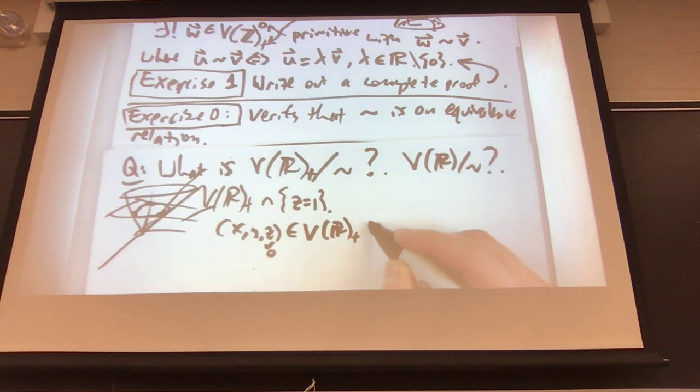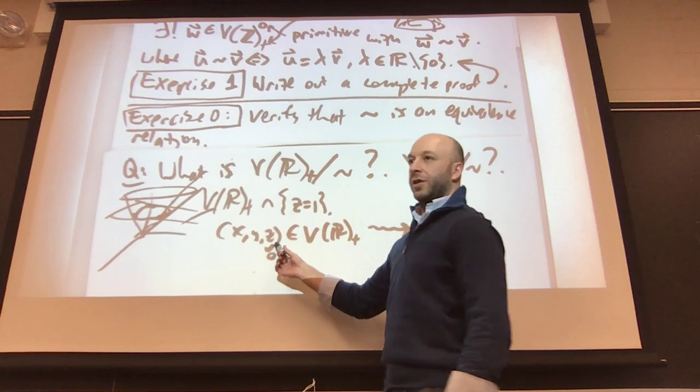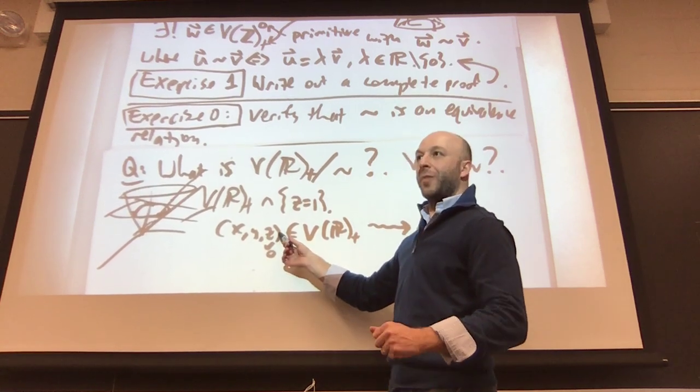We can make it simpler by rescaling. We want to make it land on the cone at z equals 1. I'm allowed to multiply by any non-zero real number.